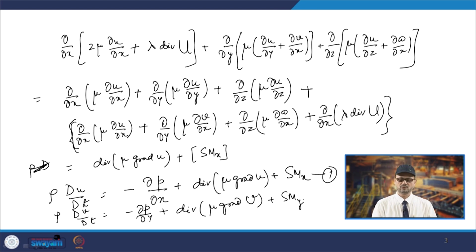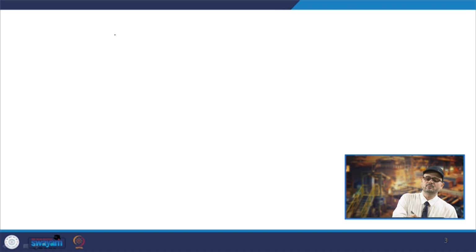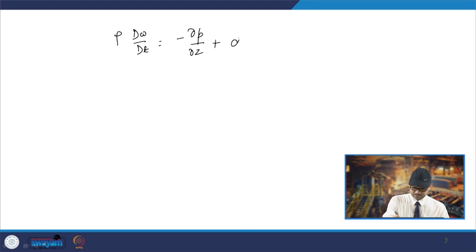So, this is u and this is v, and the third is for the z component: rho of dw by dt equals minus dou p by dou z plus div of mu grad w plus SMz.